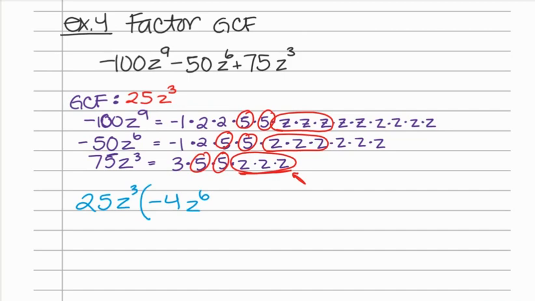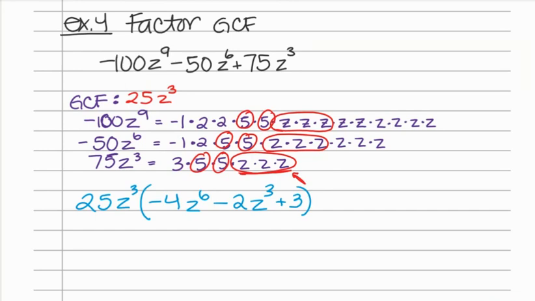And if we look at our next term, -1 times 2 is -2. Z to the third. And finally, our last term is just a 3.